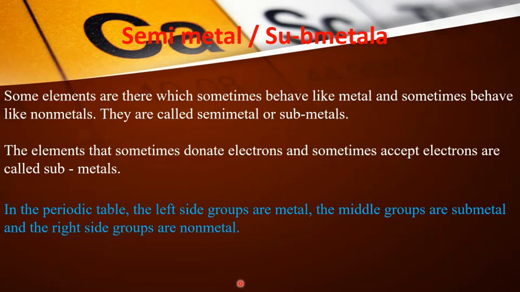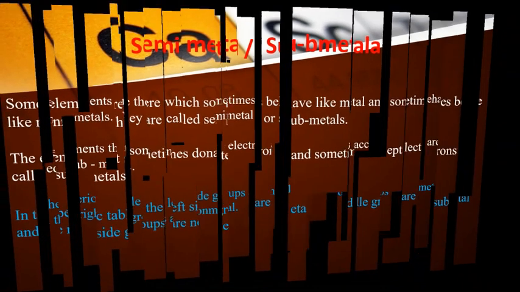In the periodic table, the left side groups are metals, we already learned that, the middle groups are submetals and the right side groups are non-metals. That means the elements which have some properties like metals and some properties like non-metals are called semi-metals or submetals. The middle groups are semi-metals or submetals.